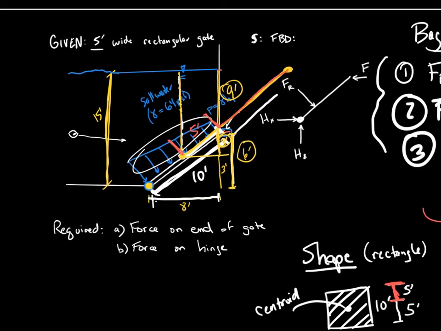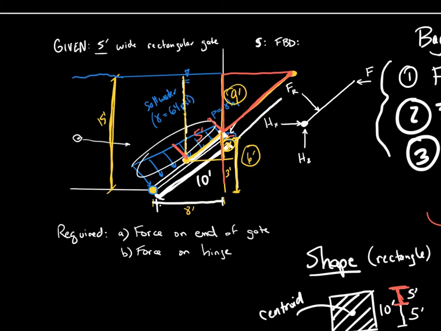Okay, and I can note that this triangle is a 3, 4, 5. So this is a 3, 4, 5 also. Noting that the vertical side is the 3, this side is the 4, and this side is the 5.